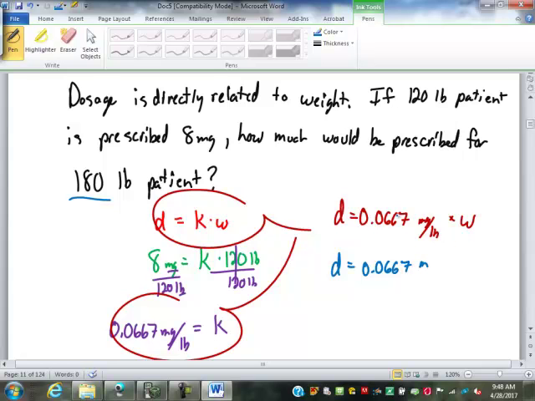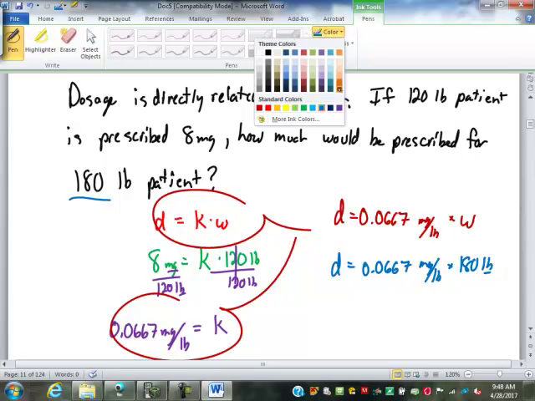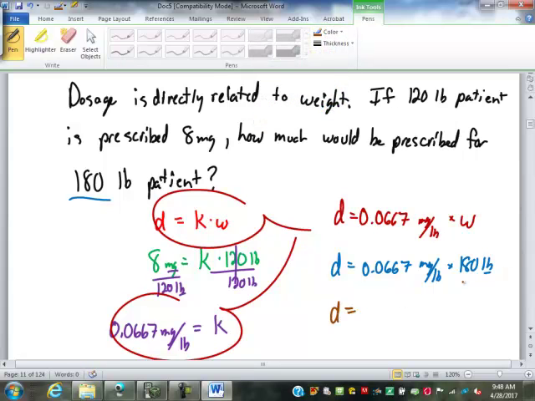So D, the dosage, is equal to 0.0667 milligrams per pound times 180 pounds. 0.0667 times 180 is 12 milligrams. Might be some round off errors, might give you like 12.03 or something on your calculator.